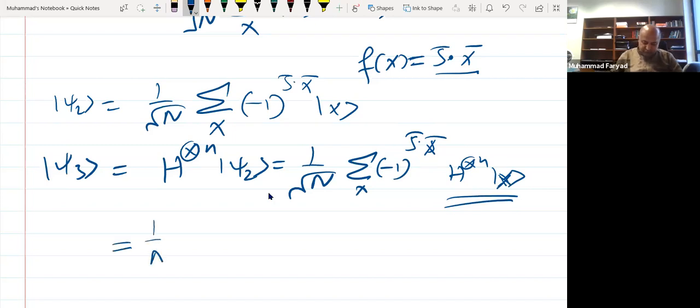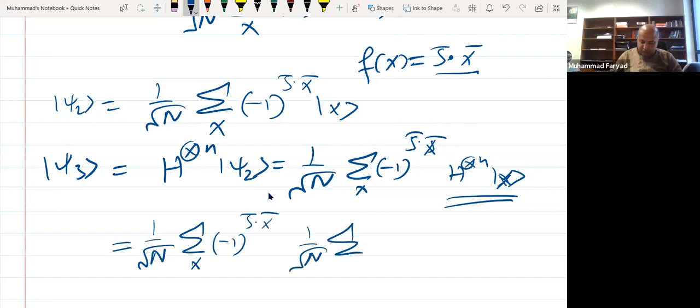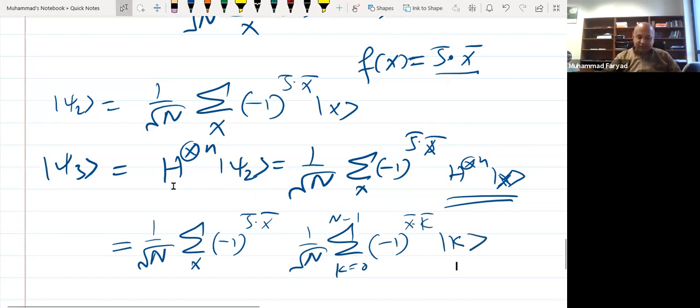So 1 over square root of n, sum over x, (-1) to the power s·x, and then there's 1 over square root of n, sum over k from 0 to n minus 1, (-1) to the power x·k, |k>. Okay, so this is the substitution for the Hadamard transform of this general state |x>.